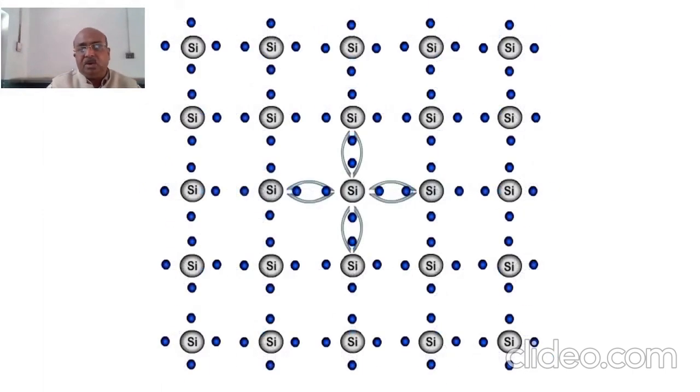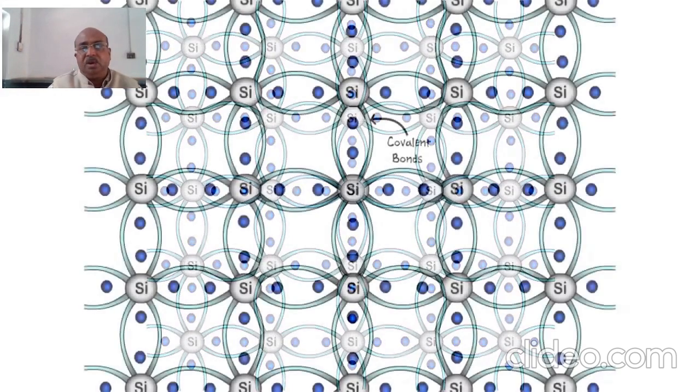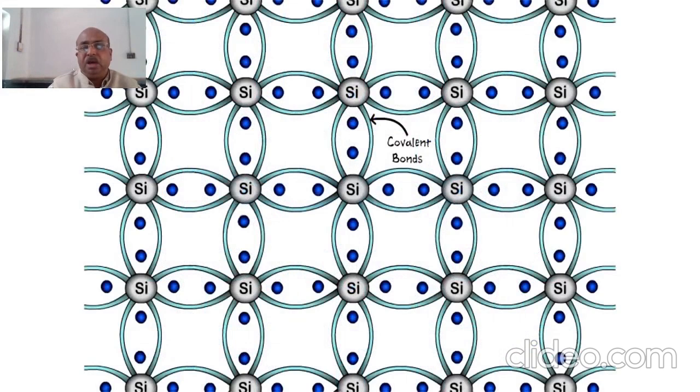So the 4 electrons of a silicon atom share with the nearest 4 silicon atoms and make covalent bonds. You can see in the figure, every silicon atom has a covalent bond with the adjacent silicon atom.